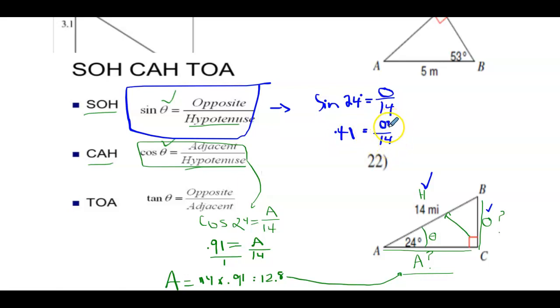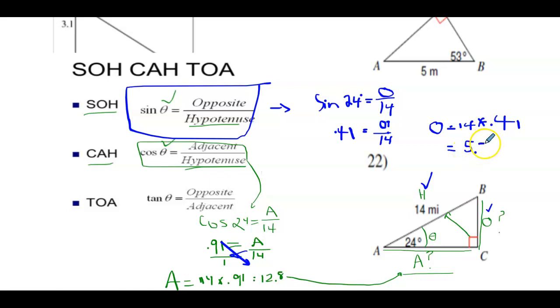We're going to solve for O with the same kind of math, multiplying both sides by 14. So the opposite side is equal to 14 times 0.41, and for that side you should get something like 5.7.